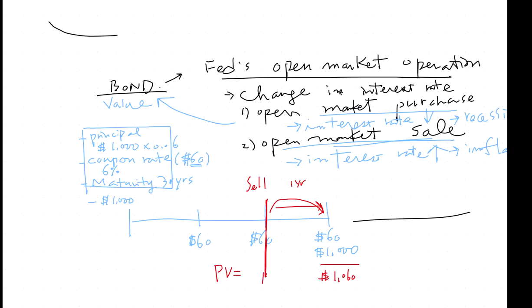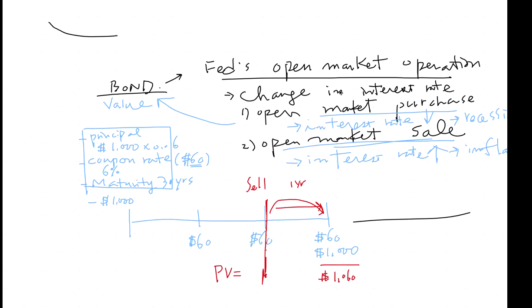If any investors, Simon or anyone else, wait 1 more year, they receive 1,060. But 1,060 is not today's money. It's 1 year from now. You have to discount to today with what? Interest rate, the current market interest rate. The problem says, what if the current market interest rate is 3% or 8% or 10%?